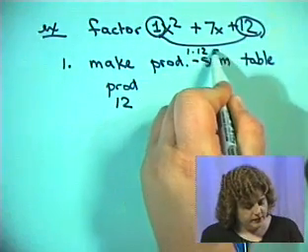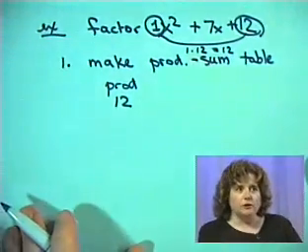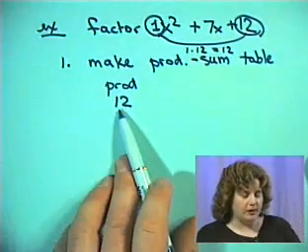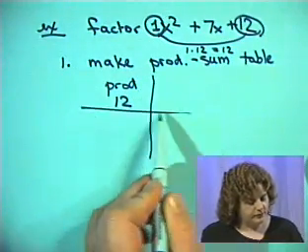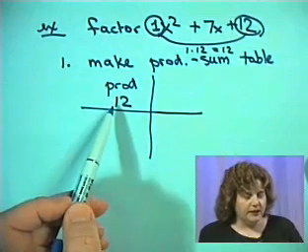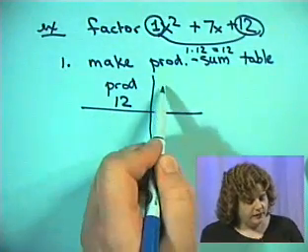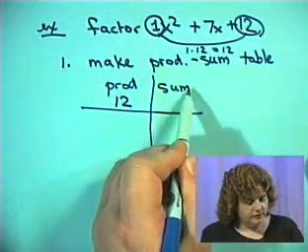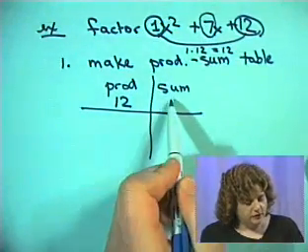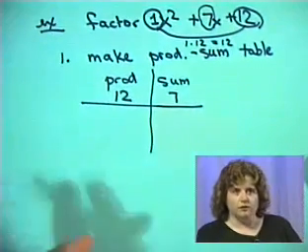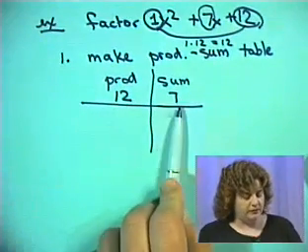I'll just write that here. And go ahead in your table and write the product beneath this word. Write the actual number down. Well, we're looking then for factors of 12 that add to the coefficient of our middle term, which is 7. So again, write the number down. So you're reminded the product is 12, the sum is 7.